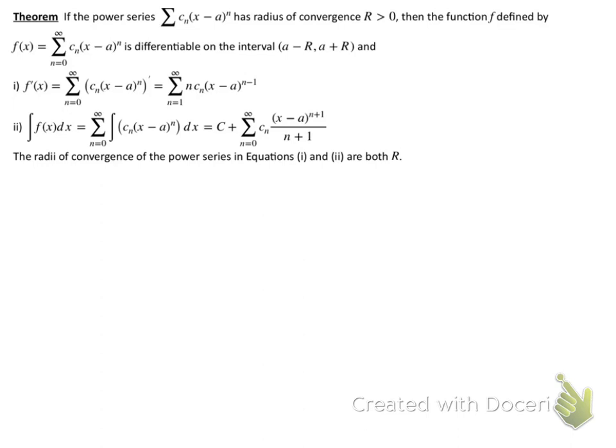You are just summing up the derivative term by term, or summing up the antiderivative term by term. Of course, that will be up to a constant c. And the derivative or the antiderivative of the function with their power series form will still converge with the same r. Maybe they can converge more, but on the same interval, they will be convergent for sure.